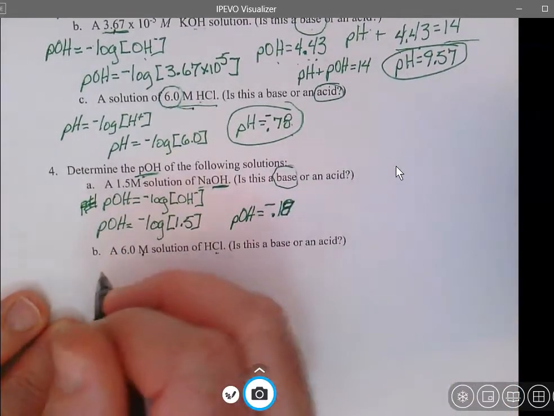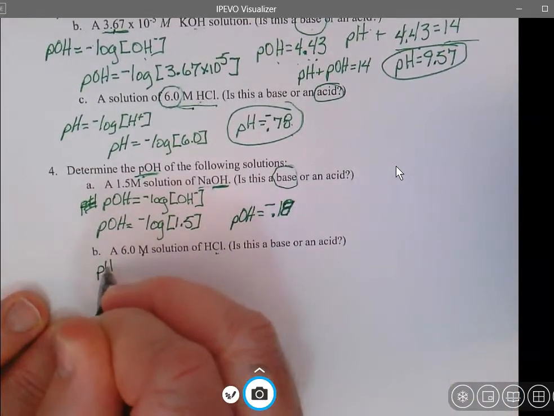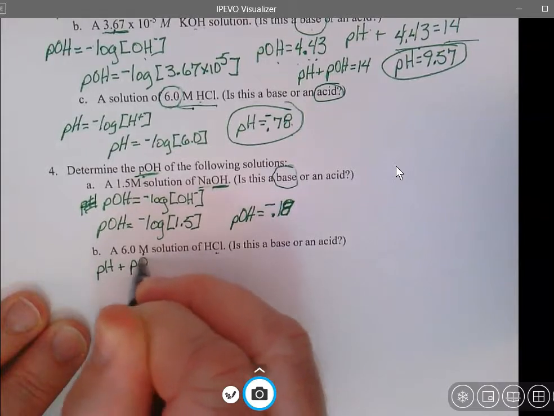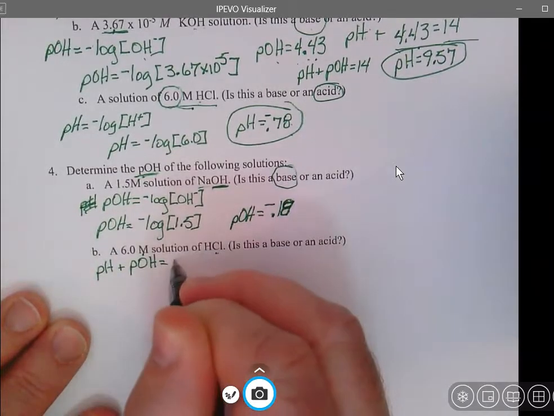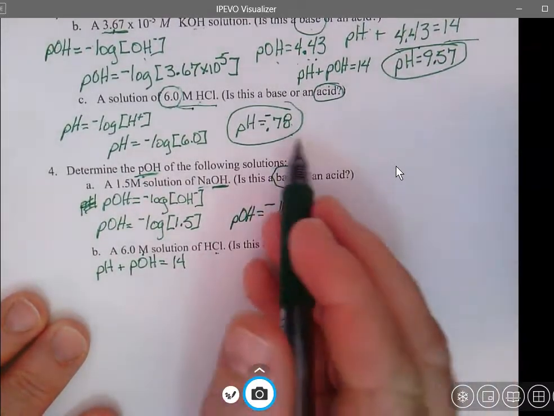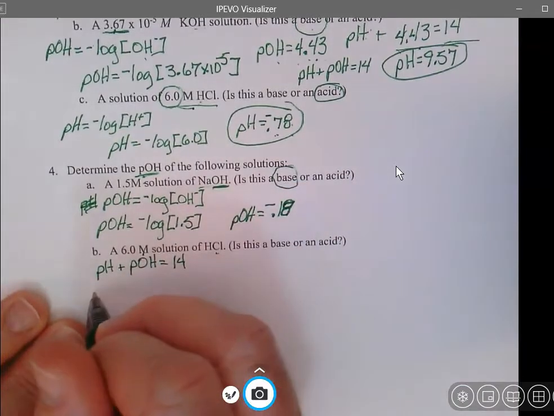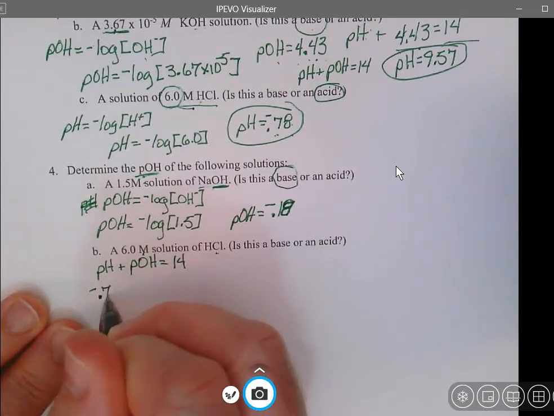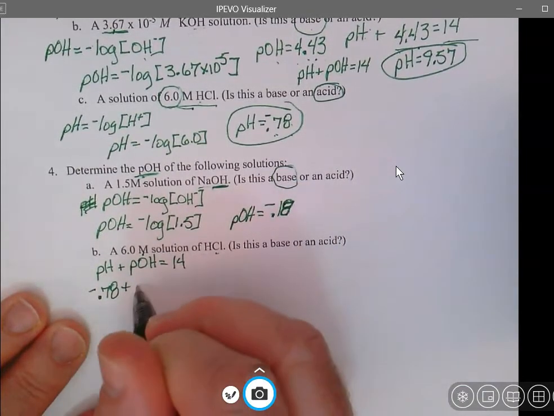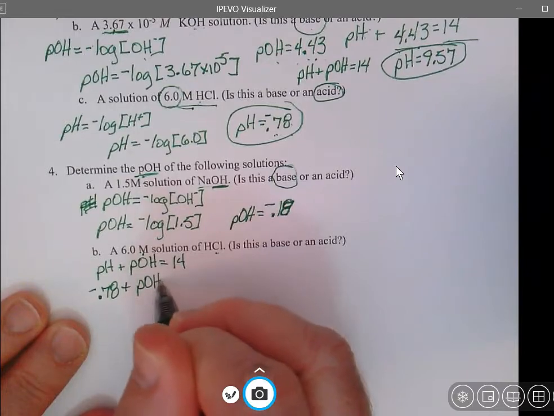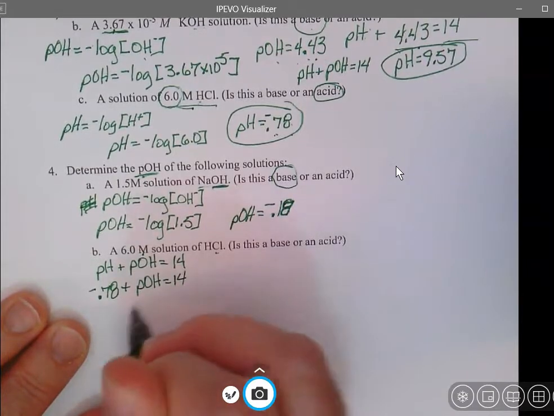Okay, so according to our equation, pH plus pOH equals 14. We insert this negative 0.78 plus pOH equals 14.